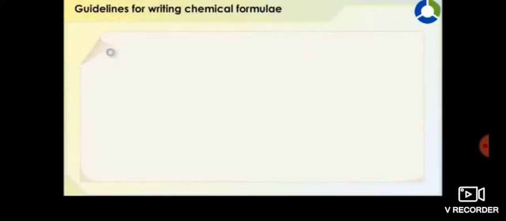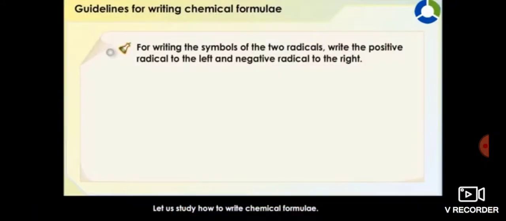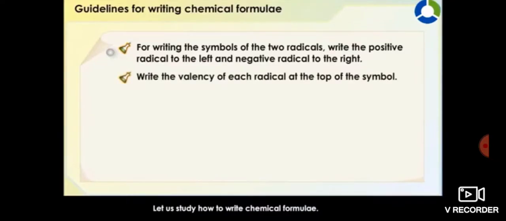Let us see a small video clip regarding how to write the chemical formulae. Just a small guideline. Writing chemical formulae. For writing the symbols of the two radicals, write the positive radical to the left and negative radical to the right. Write the valency of each radical at the top of the symbol.